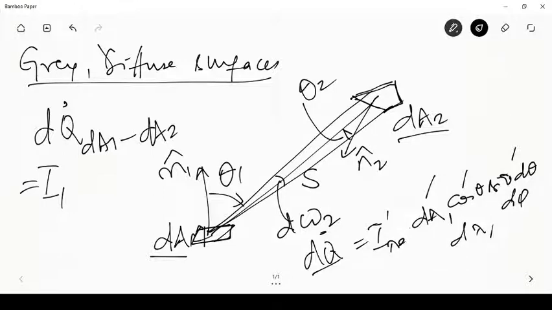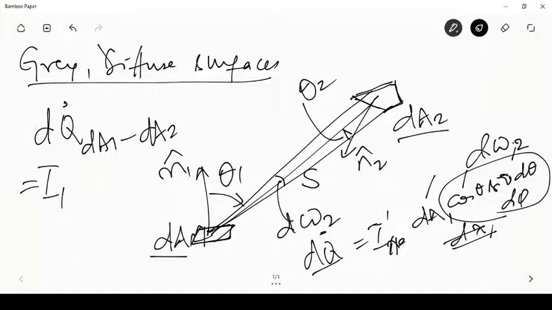But now, since this is uniform over the entire spectrum, the energy will be uniform over this whole area. So instead of integrating, you can just multiply. So this is actually d omega 2, and the integral over lambda can be taken away, so the lambda will go away.